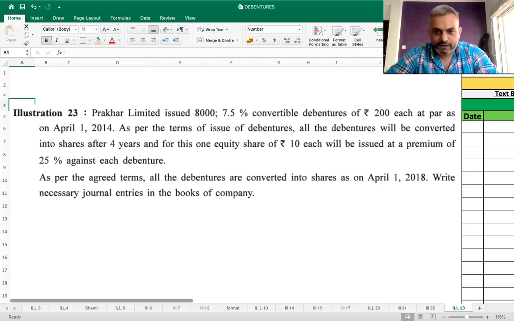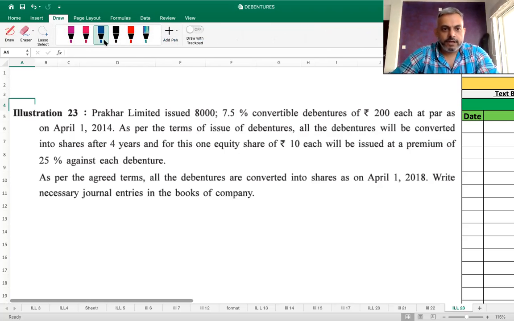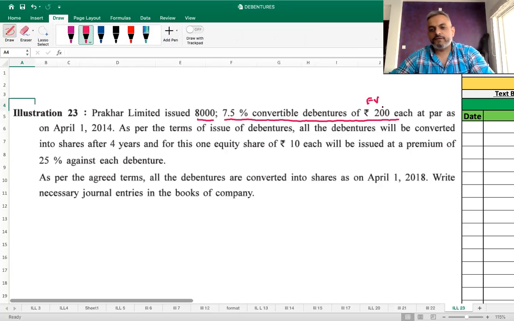So very interesting. Now Prakhar Limited issued 8,000 7.5% convertible debentures of rupees 200 each. So face value is rupees 200 at par as on 1st April 2014.